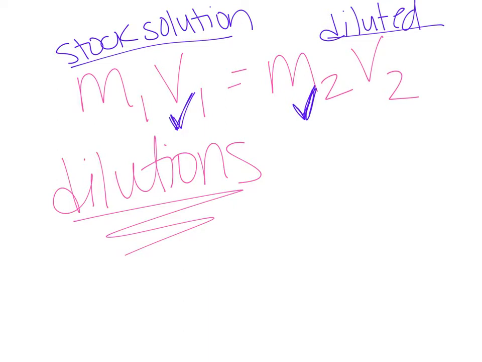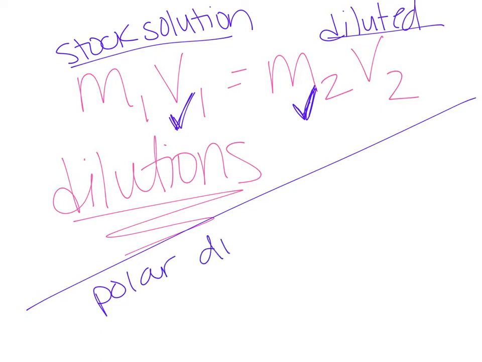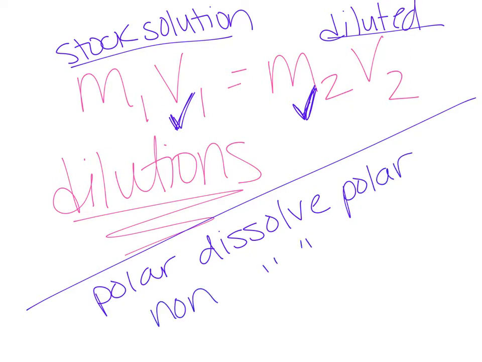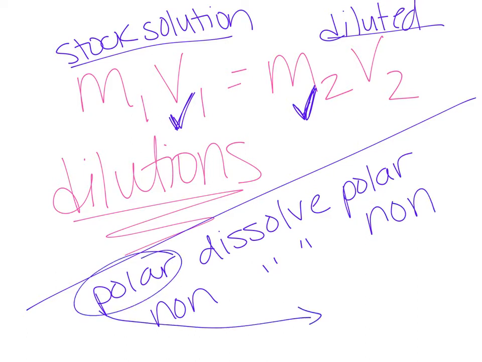The last thing I'm going to end with on this part is, please remember, polar things dissolve polar things, and nonpolar dissolves nonpolar. So what is a very useful polar thing that we use to dissolve a bunch of things? Water. Water will dissolve polar things.